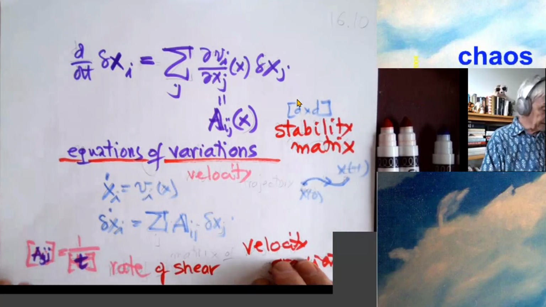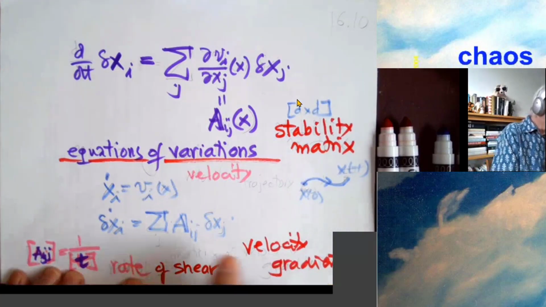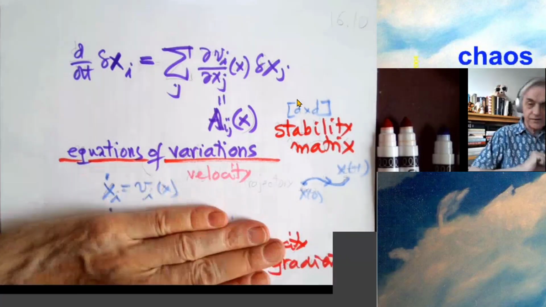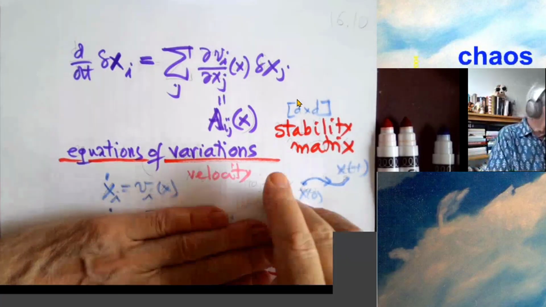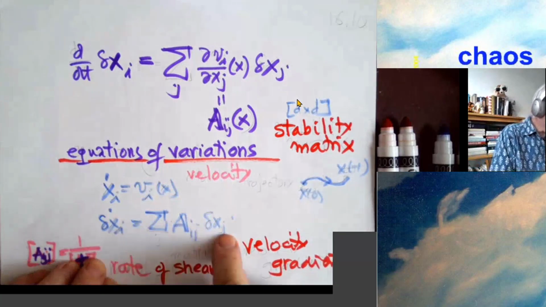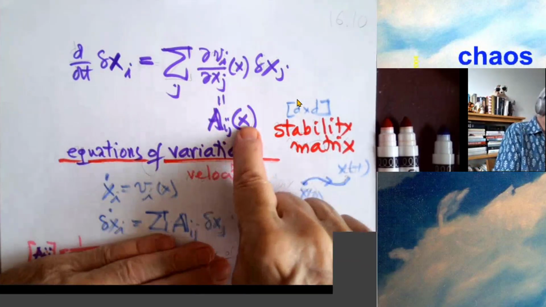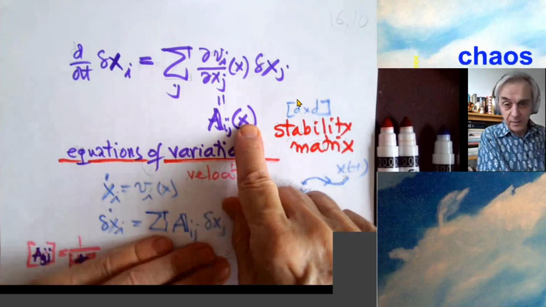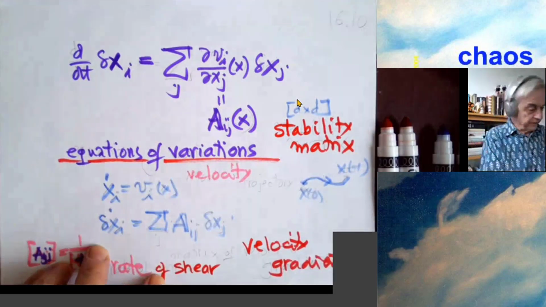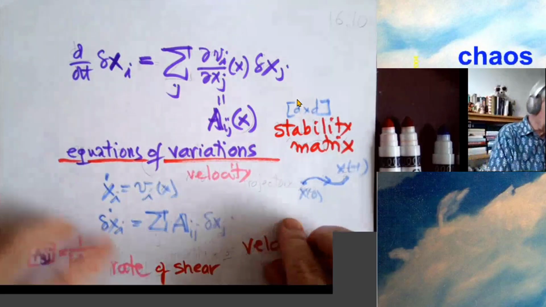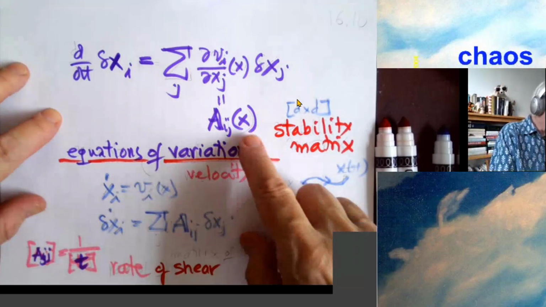And the way calculations work is that I first solve this equation for initial condition that gives me a trajectory. On that trajectory, I can compute this matrix of velocity gradients because it depends on the point. It's like the velocity, but because there is a derivative, it has 2 indices, so it's a matrix or a tensor or whatever you want to call it.